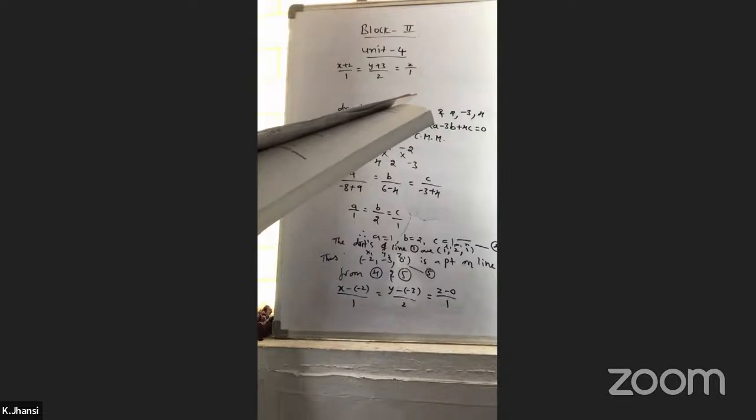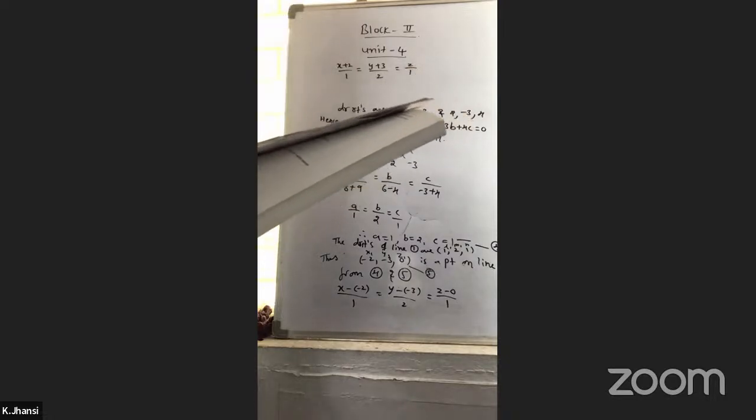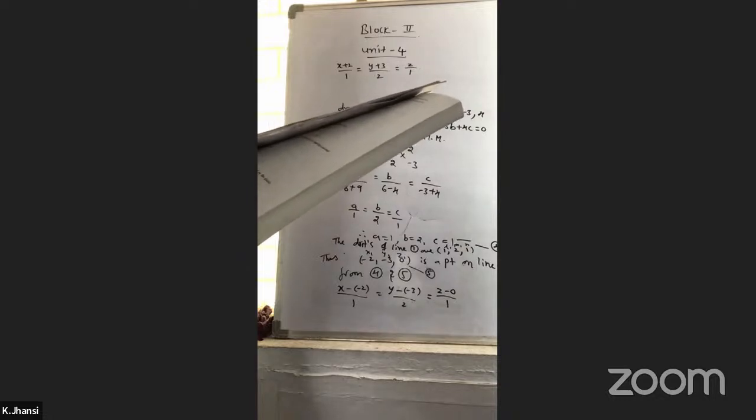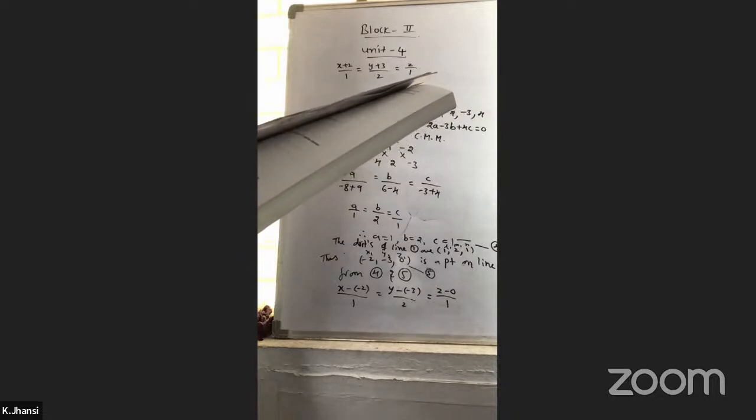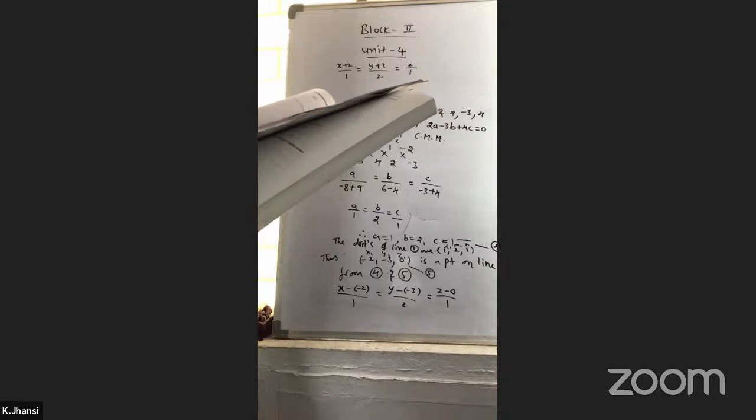The question will be like this: find the coordinates of the point of intersection of the line with the plane. Take the line equation as equal to k or r or t, any variable you can take. The coordinates of the point on the line, if you do the cross multiplication, you will get x, y, z values. If this point lies on the given plane, then you will get the r value, and from this you will get the point of intersection.